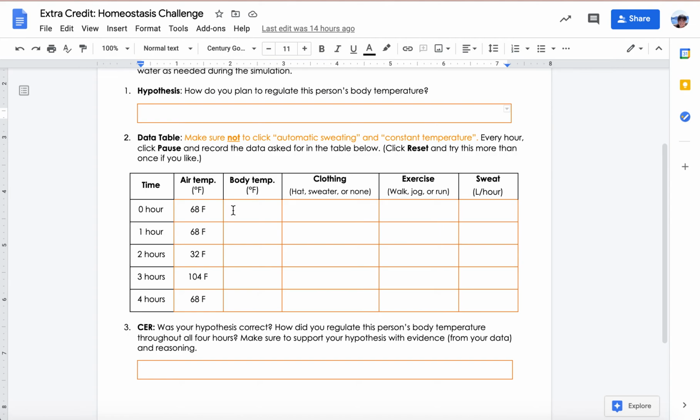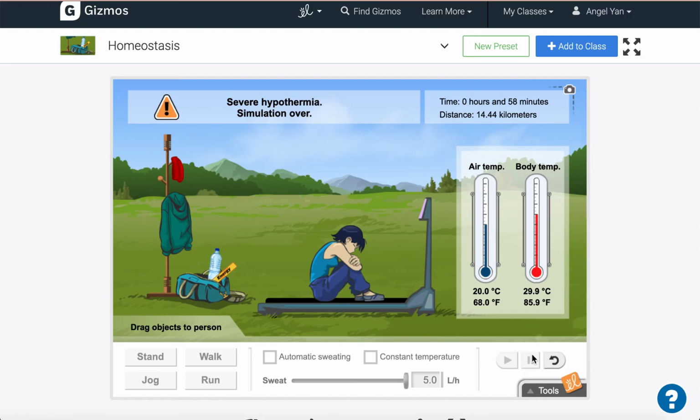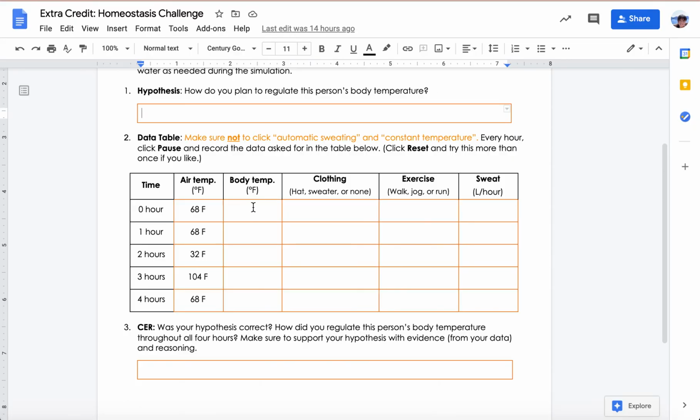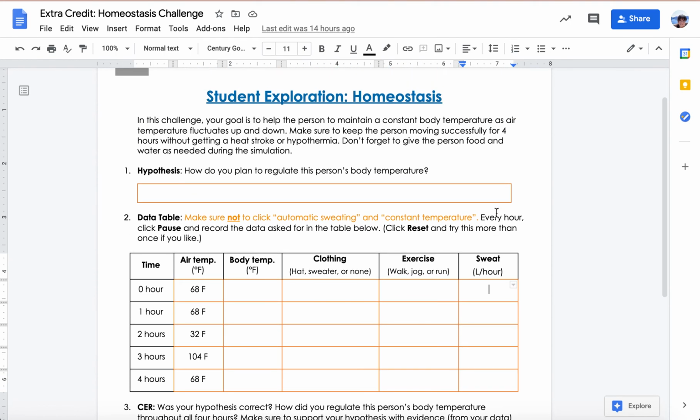At each hour, at the beginning, at first hour, second hour, third hour, fourth hour, make sure to click pause right here and you can record her body temperature, what kind of clothing you're giving her, exercise, and sweat. And again, this is not something you might get the first time.